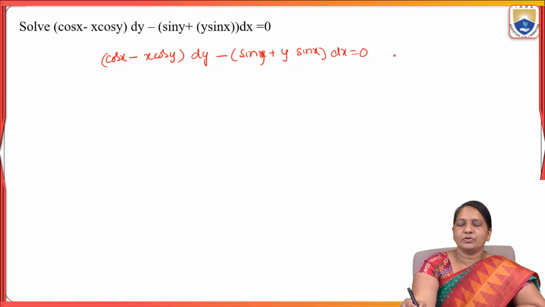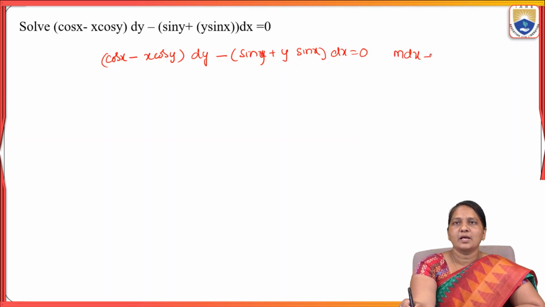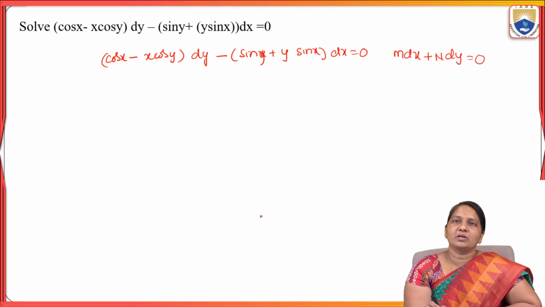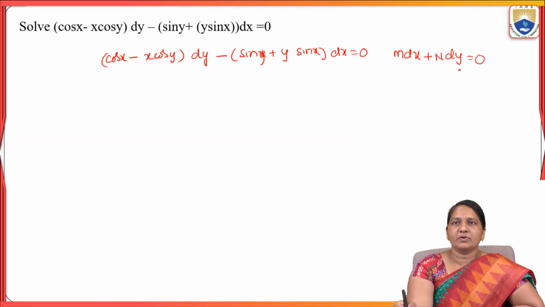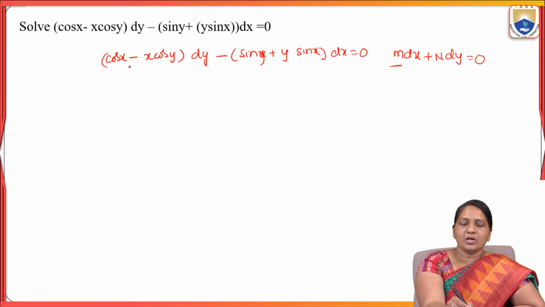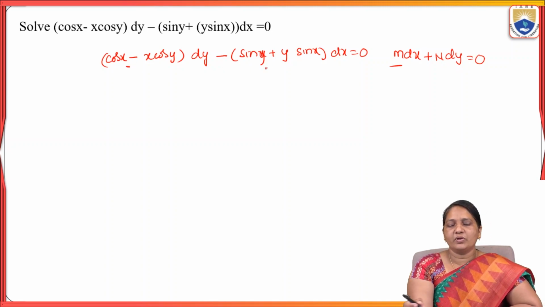From this we are going to compare with the equation m dx plus n dy equal to 0. So what is the m value and what is the n value? We are going to see here.